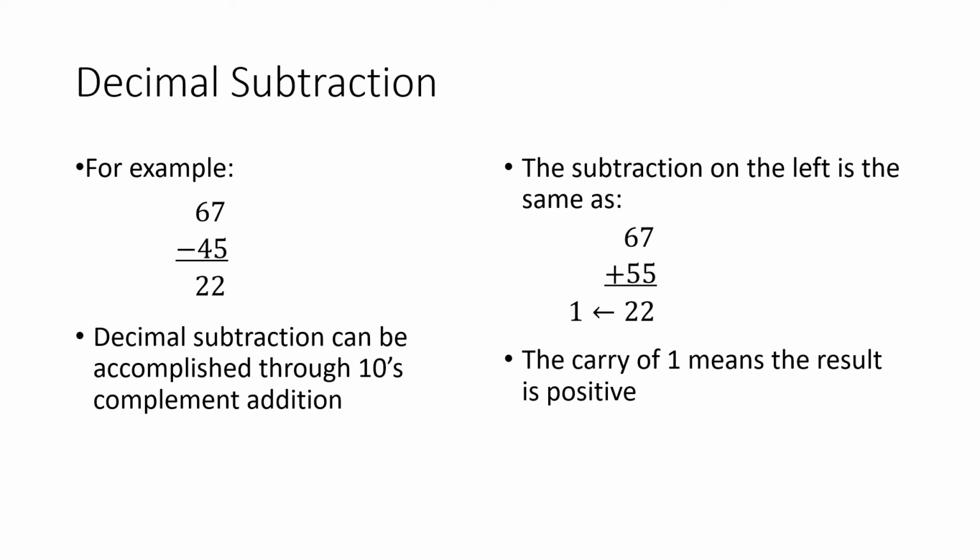Can we obtain this result through 10's complement addition? Let's take 67 and add 55, the 10's complement of 45, and note we get the same result, 22. And we have a carry out of the tens column of 1, but that carry out simply tells us that the result is positive.